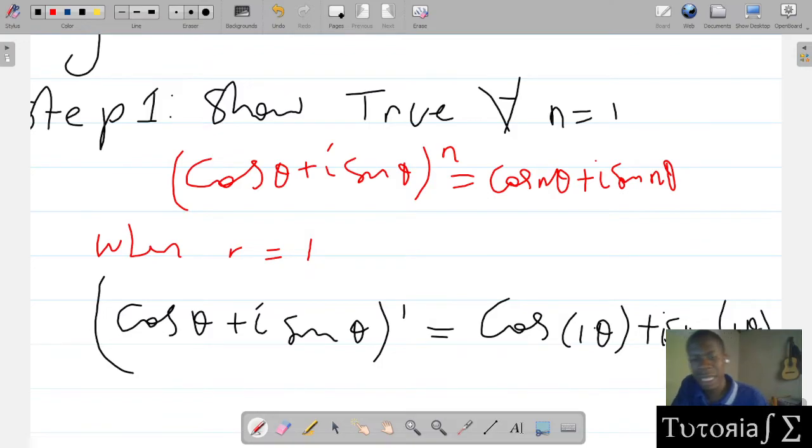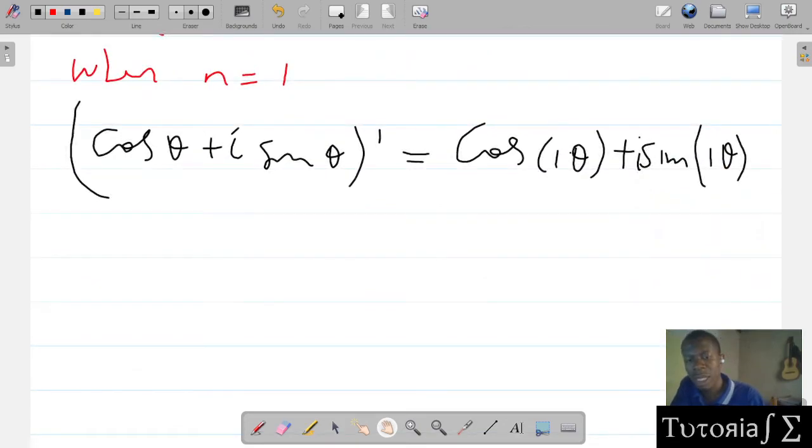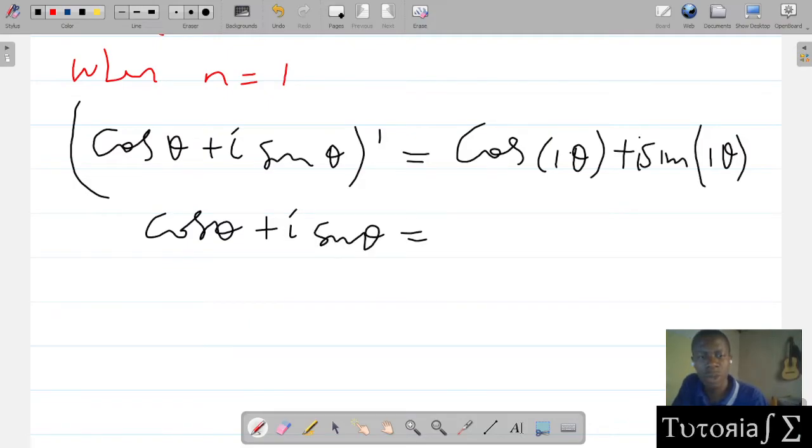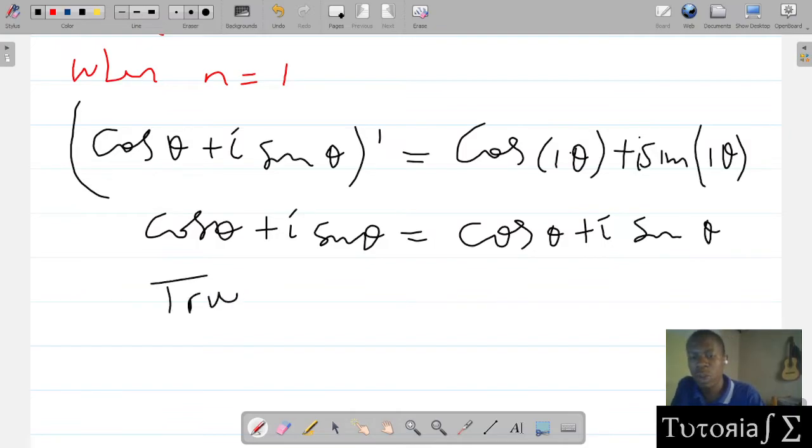And we see that this raised to the power 1 is just the same. So we have cos theta plus I sine theta equal to cos theta plus I sine theta, since 1 times theta is just theta. So it is true for n equals 1. As you can see, these are the same basically.